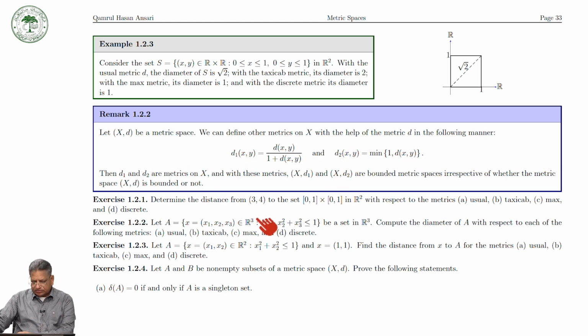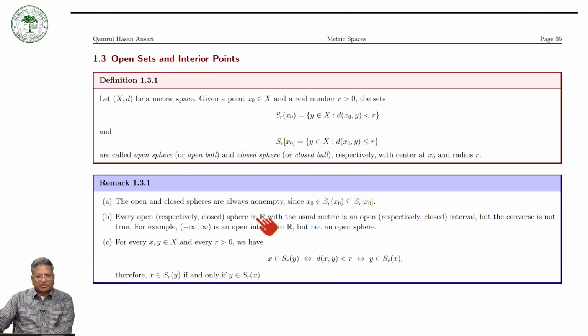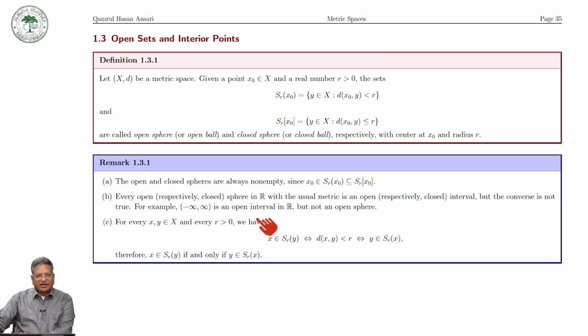And then we have seen several examples, and then we defined the open sets and the interior of open sets. We defined the open sphere with center at x0 and radius r, which is equal to the set of all points y in X such that d(x0, y) is less than r.